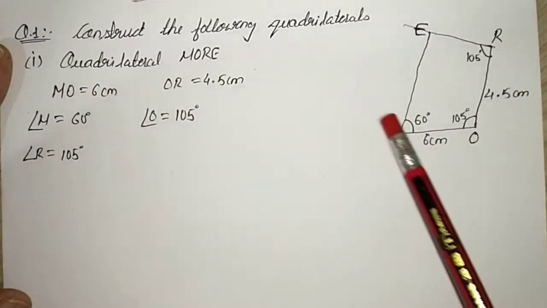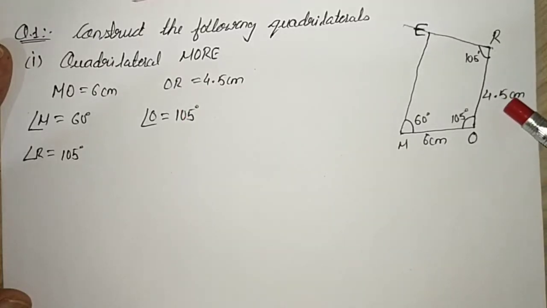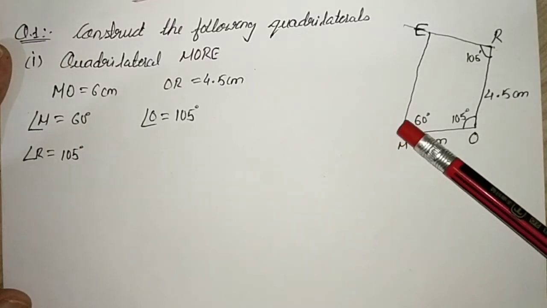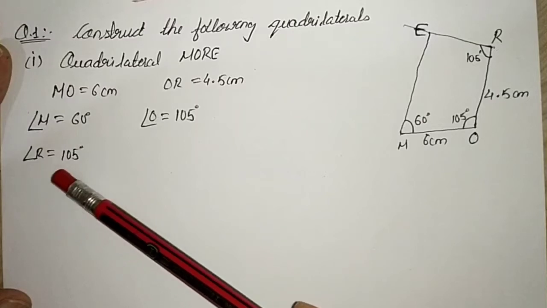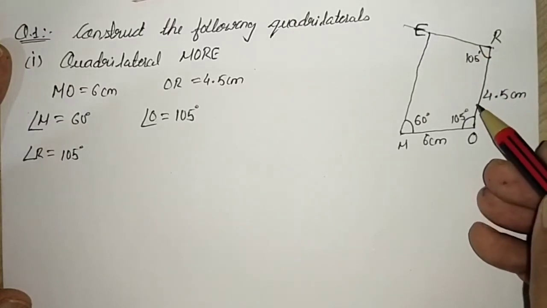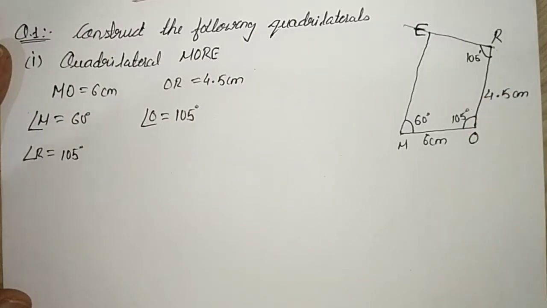Here MO is equal to 6 centimeter, OR is equal to 4.5 centimeter. Measure of angle M is 60 degree. Measure of angle O is 105 degree and R is 105 degree. This is the rough figure, so it will not be exactly what I am going to draw.